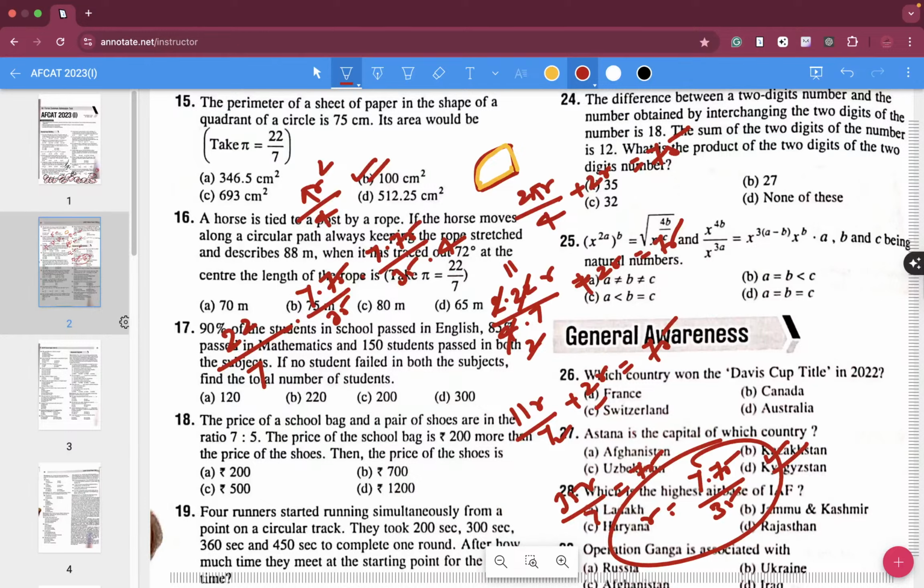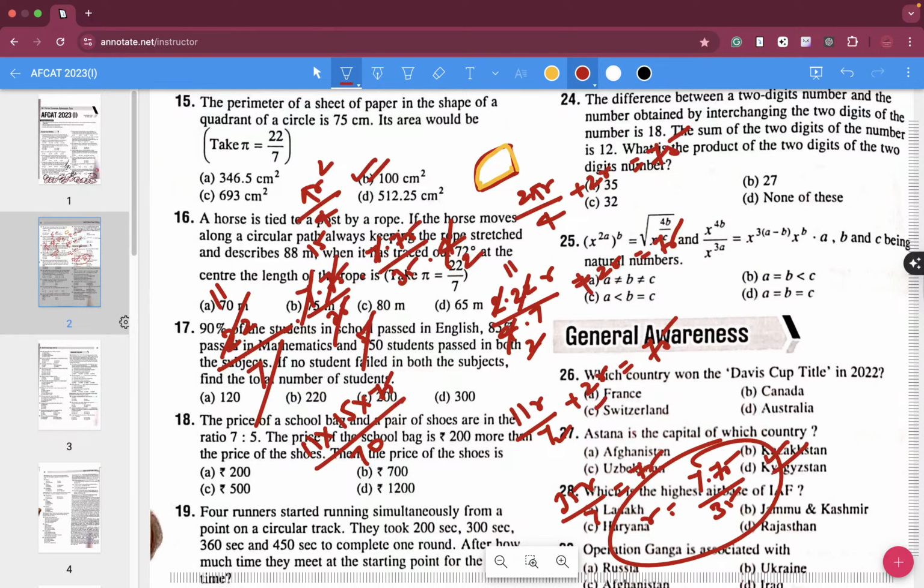This one gone 2 times, this one gone 11 times, this one gone 5 times, and this one gone 15 times. So what are you left with? 11 into 15 into 75, divided by 70.